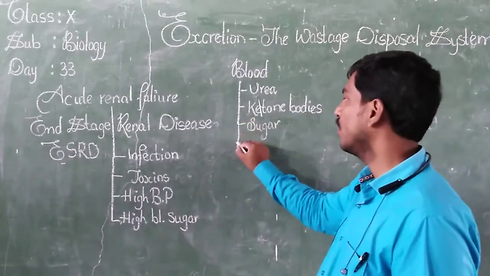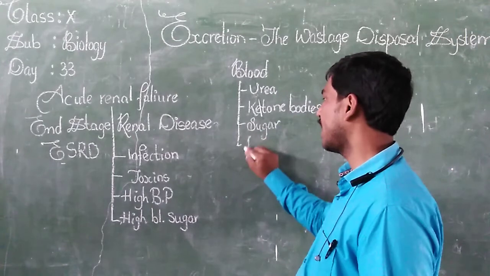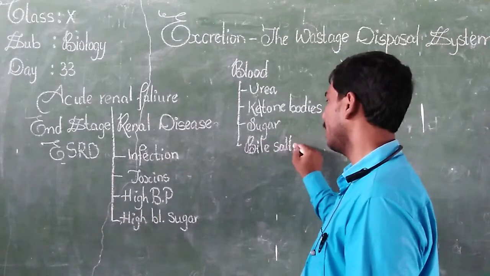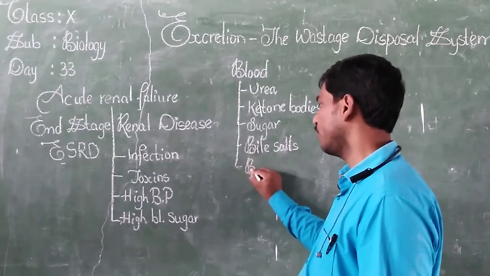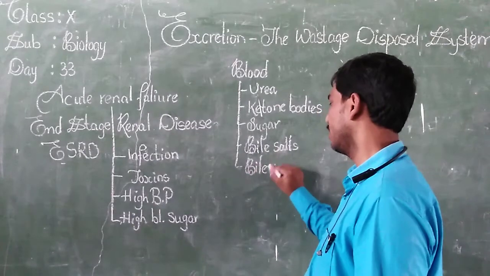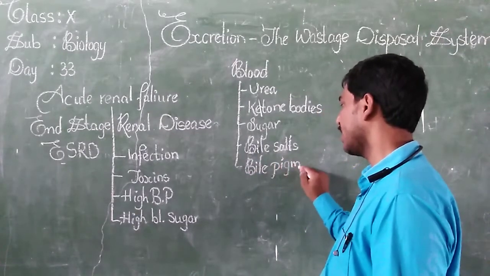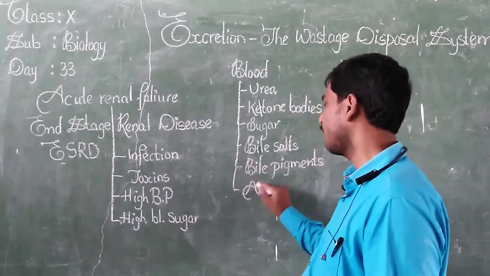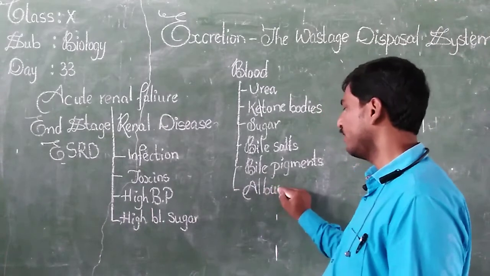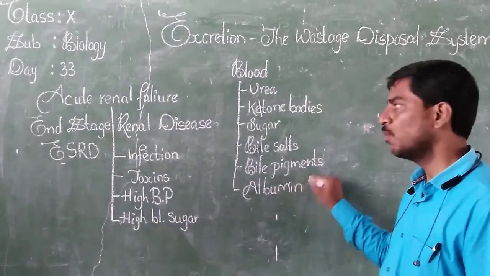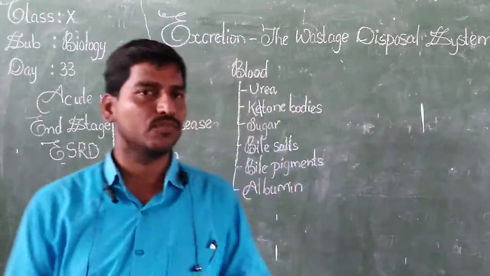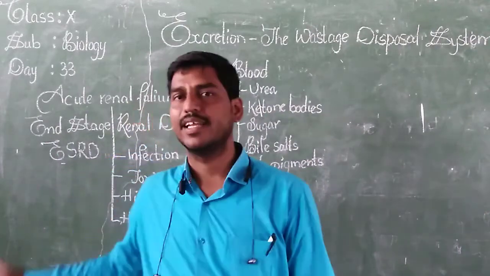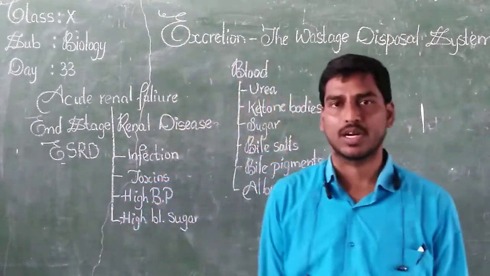One more thing, if excess amounts of bile salts and bile pigments are increased in our blood, and one more most important thing apart from urea is albumin. If albumin levels are also more in our blood, if any of these components are increased in our blood, that indicates there is a kidney problem, renal failure.